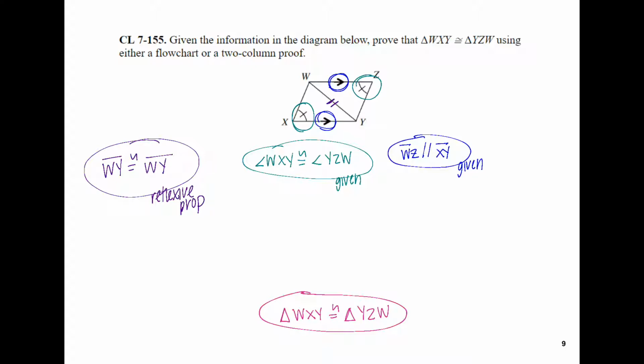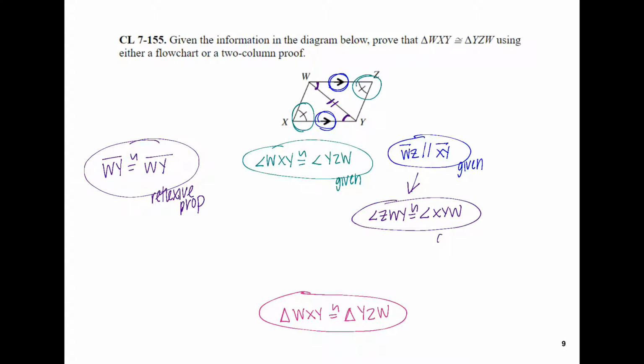So I now have an angle and a side, and I need to state one more thing is congruent in order to prove my triangles congruent. Knowing that WZ is parallel to XY, I know that this angle is congruent to this angle because they are alternate interior angles. So angle ZWY is congruent to angle XYW.